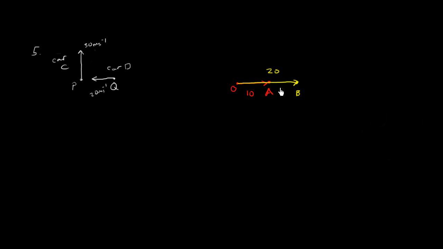If somebody asks you to give a label to these vectors, first of all, well, the red vector, you could just call it vector OA, like that, goes from O to A. The yellow one would be OB.